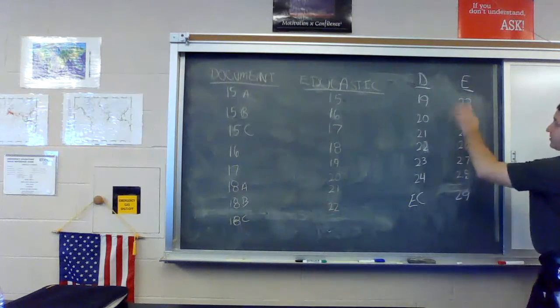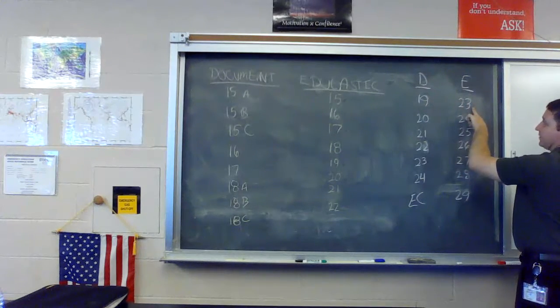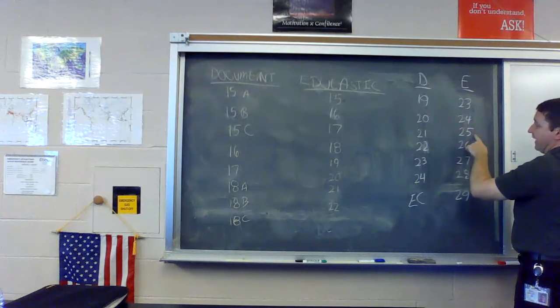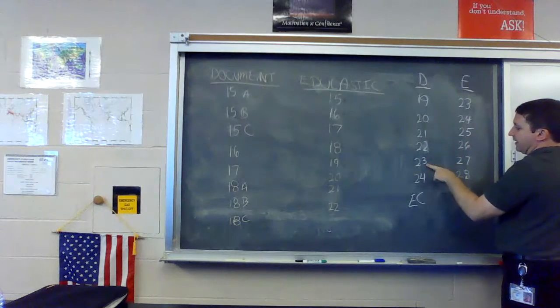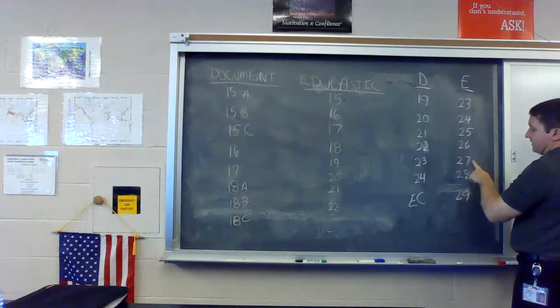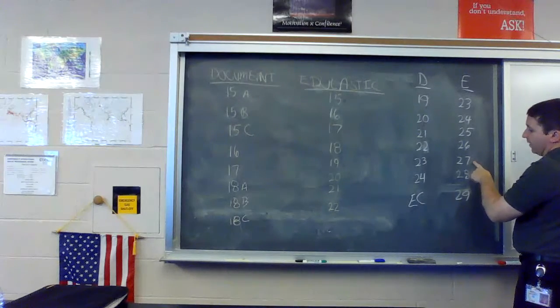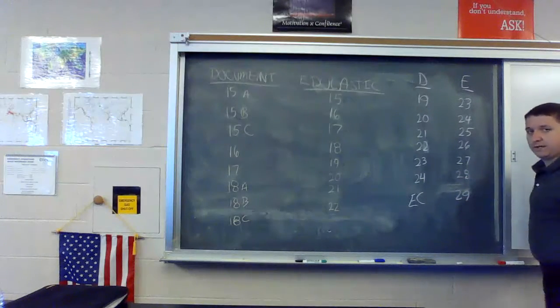And then just continuing for the rest of the test, question 19 is question 23 on Edulastic, 20 is 24, 21 is 25, 22 is 26. Question 23 on the test itself, put your answer in slot number 27 on Edulastic, 24 is 28, and then the extra credit is number 29.